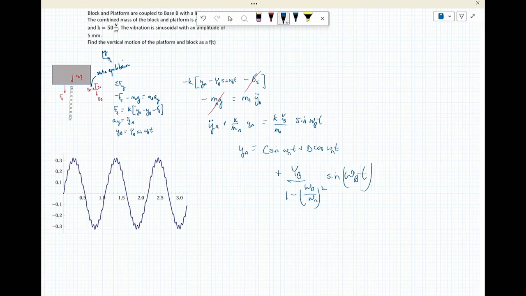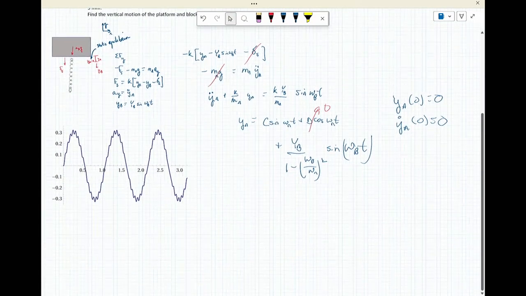I know that everything starts at the 0 location, so everything starts from rest. Ya of 0 equals 0, ya dot of 0 equals 0, and immediately I don't need to worry about the cosine term.